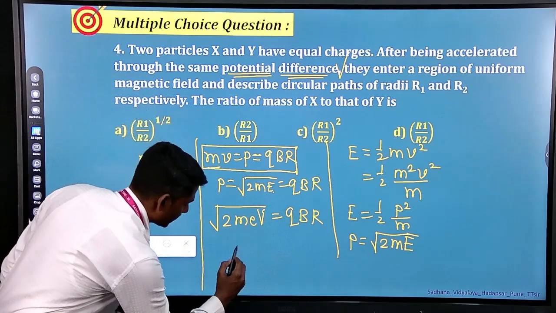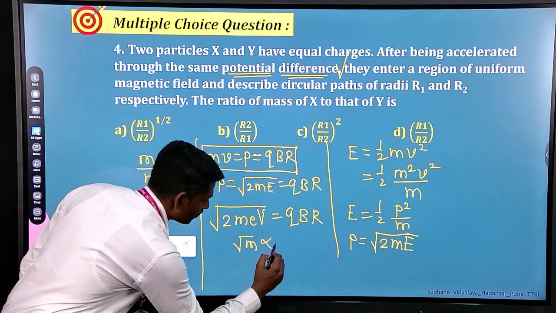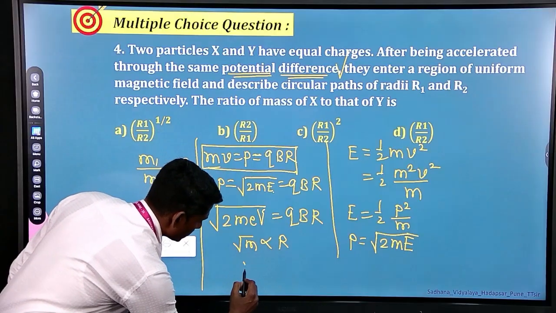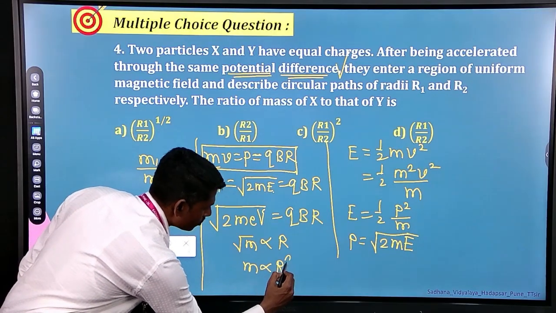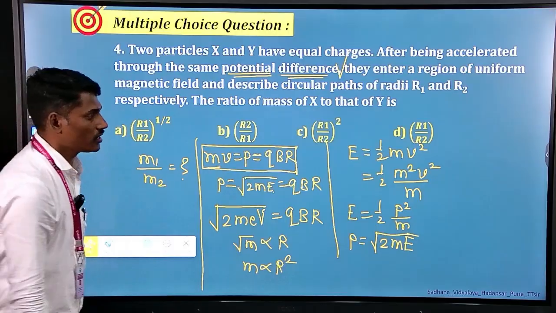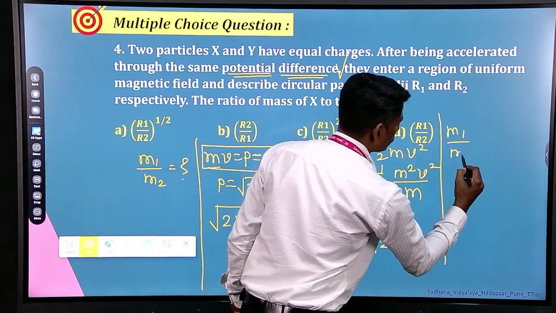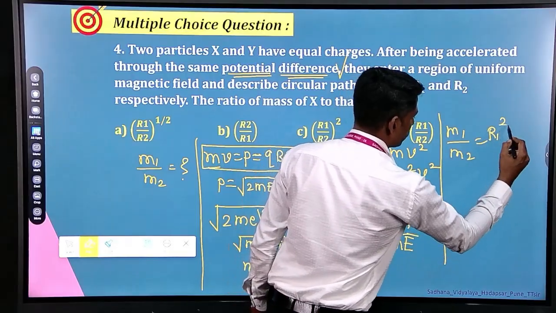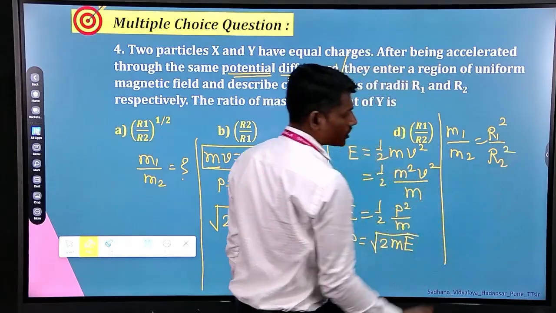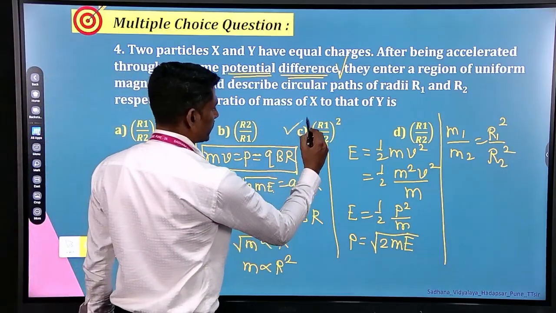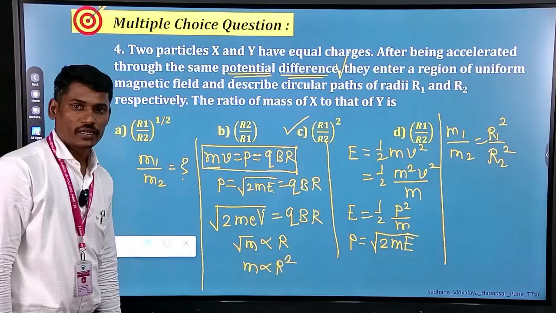Taking square we get m is directly proportional to r square, right. By using this relation we get m1 upon m2 is equal to r1 square upon r2 square. Therefore, option C is correct, r1 upon r2 whole square.